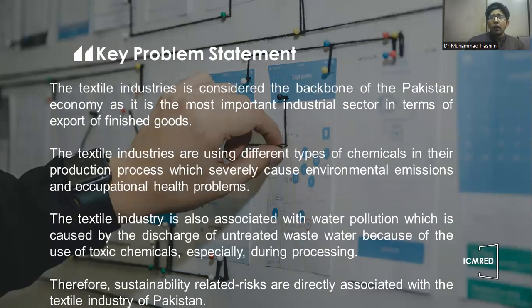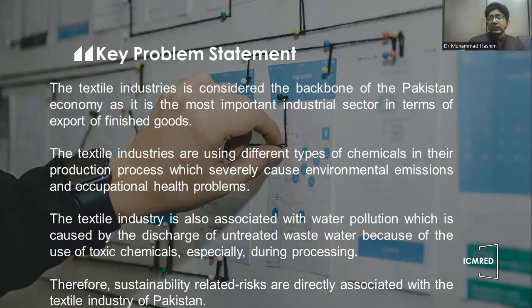The key problem of my research study is that the textile industry is considered the backbone of Pakistan's economy, as it is the most important industry sector in terms of export of finished goods. Textile industries use different types of chemicals in their production process, which severely cause environmental emissions and occupational health problems.